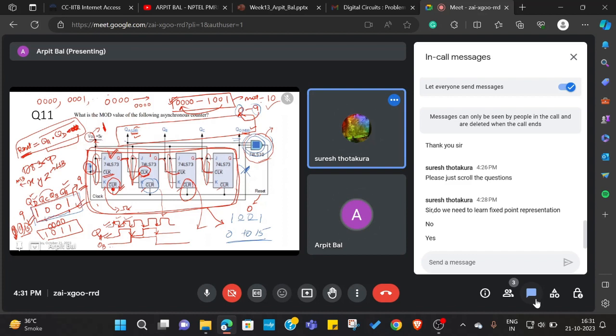For representing 16, you will need 5 bits, because 1 and then 4 zeros. But in between, we don't have all the patterns. Agree. But to represent that particular number, you will need that many flip-flops.